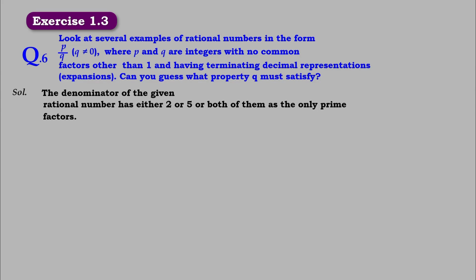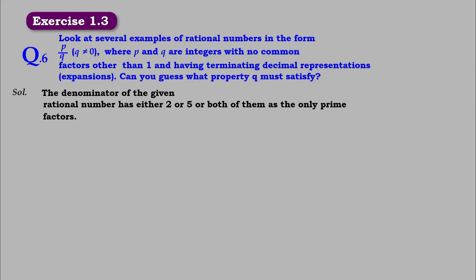Because you know that terminating decimal representation means the denominator has to be in the form of 2 to the power m into 5 to the power n. If the denominator is in that form, then we can say that it is a terminating decimal.